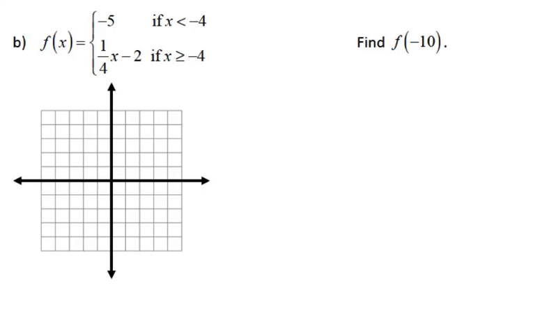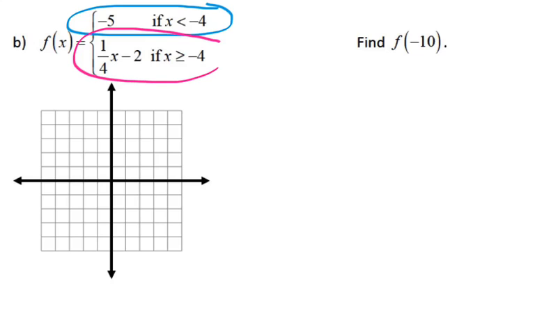All right, let's graph another one. So you have two functions. It's negative 5 if x is less than negative 4, or 1/4 x minus 2 if x is greater than negative 4. Once again, those negative 4s represent your boundary. So I'm going to just draw my boundary line at negative 4.